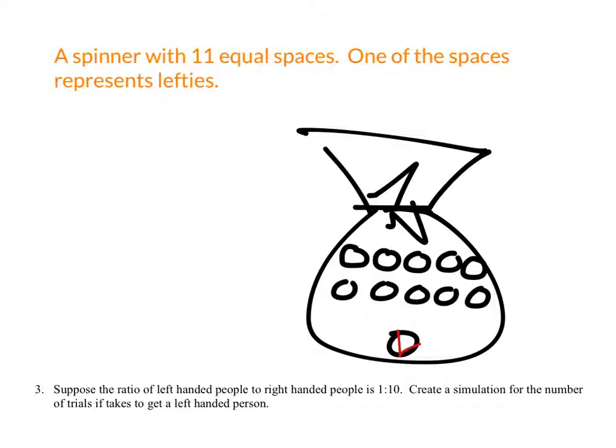And the others would have R on them. Or another way is to just make the lefty a different color. And then you have someone pull out a tile randomly from the bag, and that would represent choosing a left-handed person with this ratio of 1 to 10, left-handed people to right-handed people.